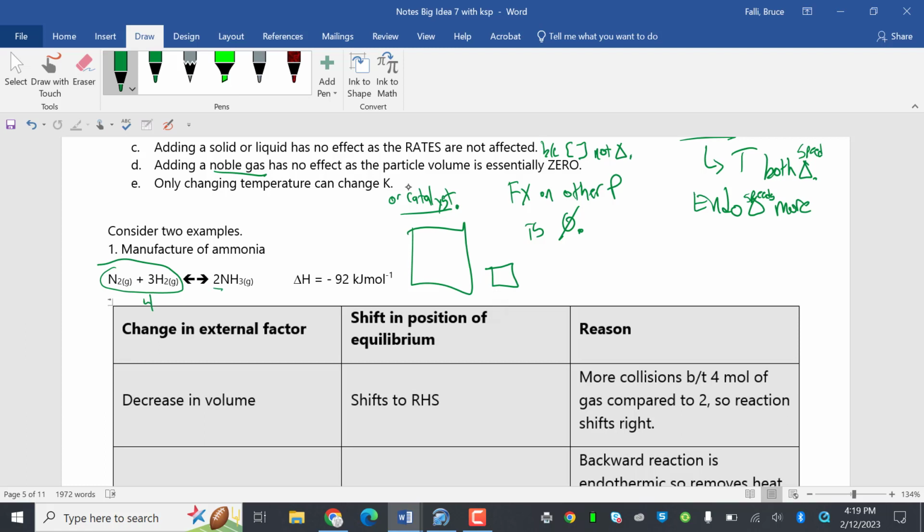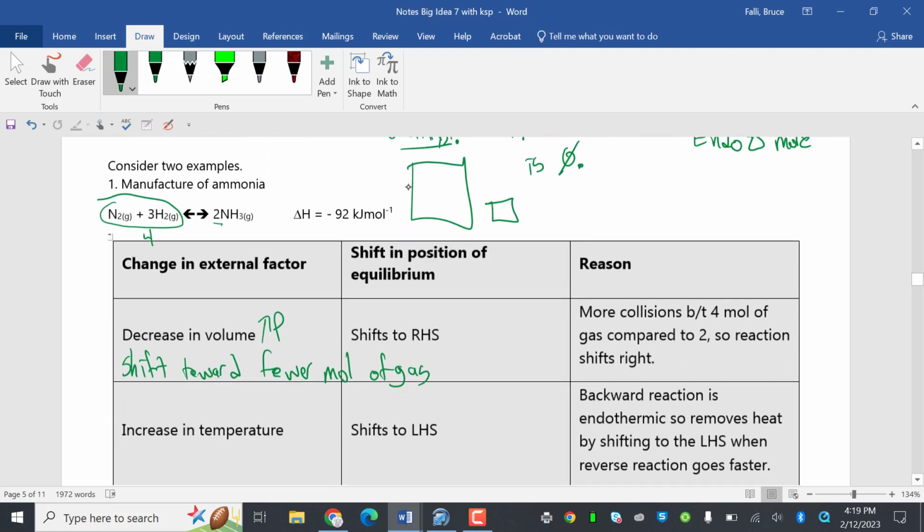So whenever you decrease the volume or increase the pressure, that does the same thing. What you need to know is it will shift toward fewer moles. Not any moles of gas. Okay. So more collisions between 4 moles compared to 2, so the reaction will shift to the right.